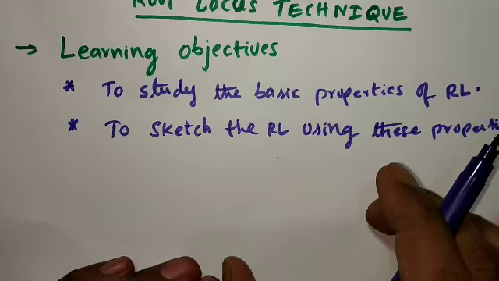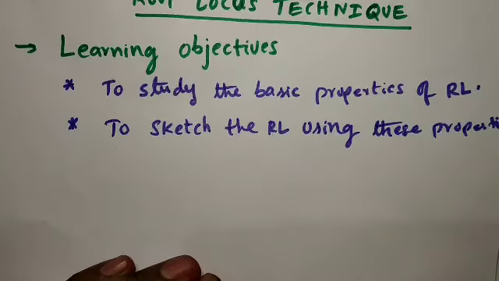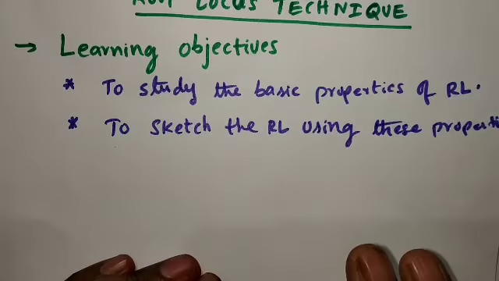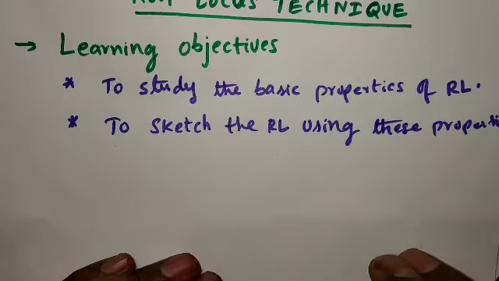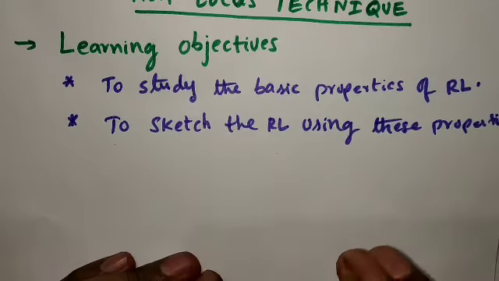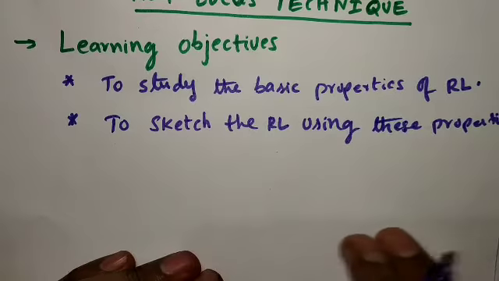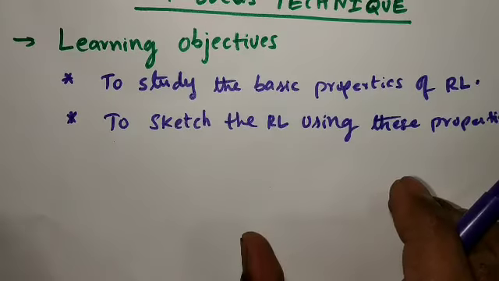Root locus technique. The Routh stability criterion says only whether the system is stable or not. It doesn't give complete information about the stability, instability, or marginal stability of the system, only a raw stability analysis.